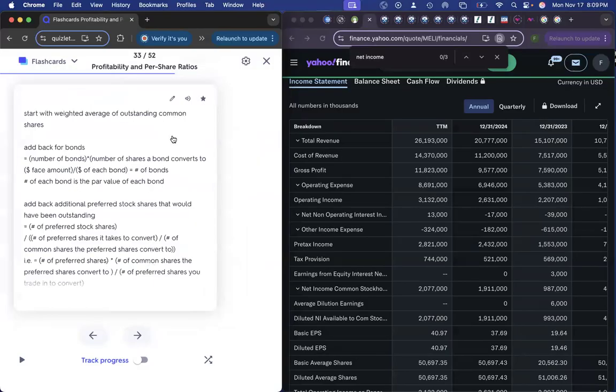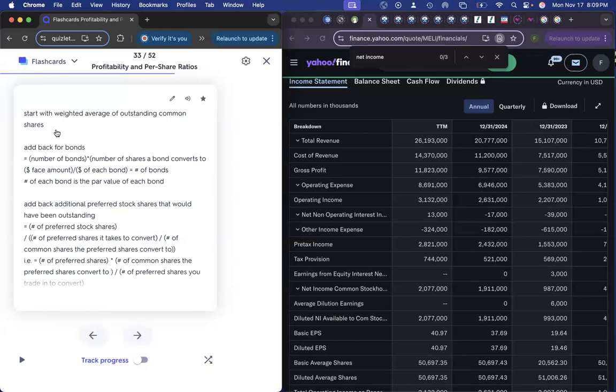So steps for the denominator, you start with the weighted average of outstanding common shares, and you add back the information for bonds. Sorry.